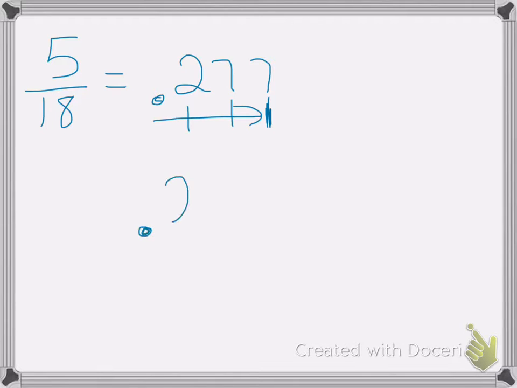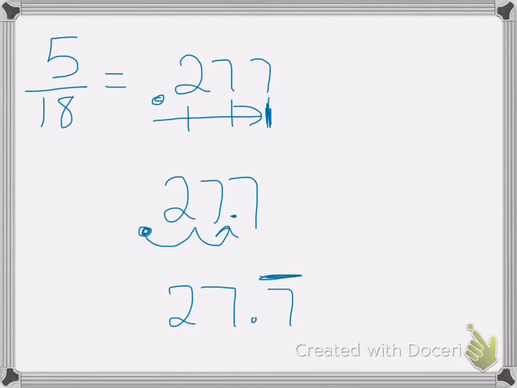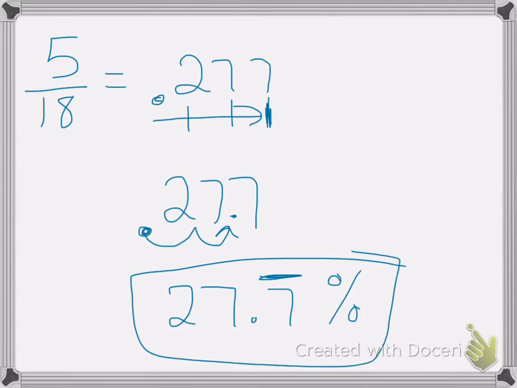So we take our number, 277, and we change it to a percent. 1, 2. Put our decimal point, so we're at 27.7 repeating percent. There is your answer, 27.7%.